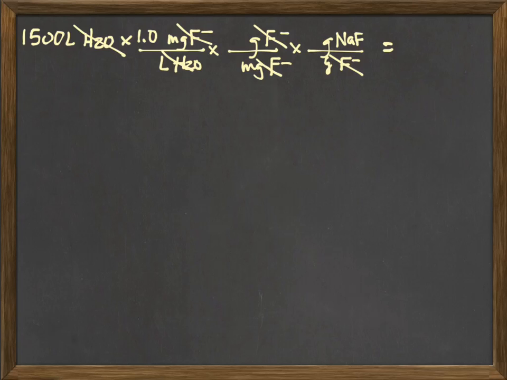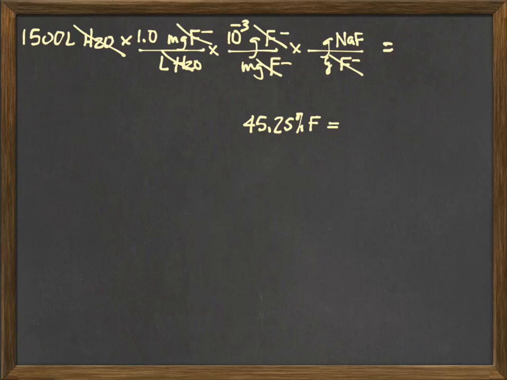Grams to milligrams. We ask ourselves, what does milli mean? Milli means 10 to the minus 3. I want to put that with gram. I want to put it on the top, not on the bottom, because 10 to the minus 3 and milli mean the same thing. And then grams of sodium fluoride and grams of fluoride. Okay, what was that percentage? Is it 45.25? 45.25% fluoride is what we figured out.